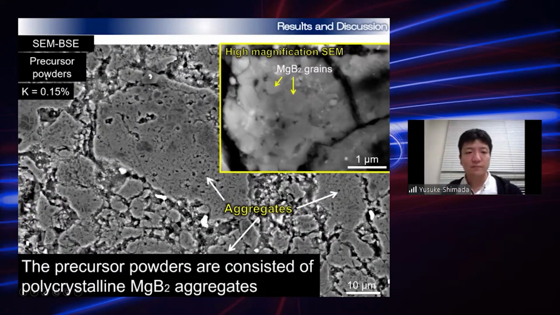So here shows the precursor powders of ex situ MgB2. This precursor has many aggregates, and from this high magnification image, these aggregates consist of polycrystalline MgB2.